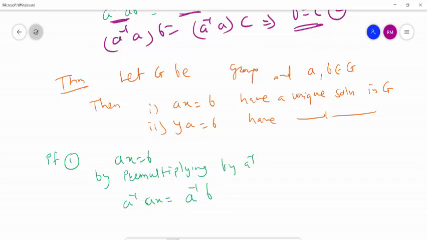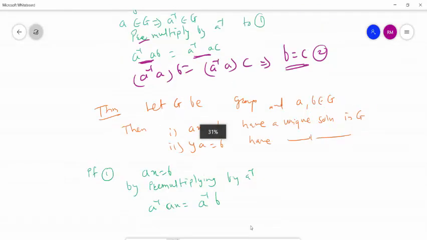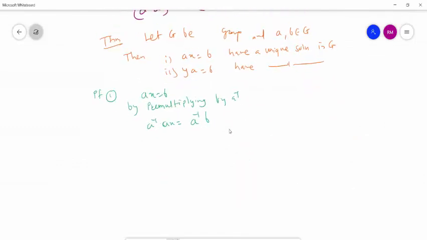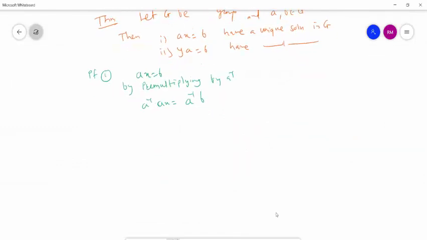Use the associative property, so here we can write the bracket. But what is a inverse a?